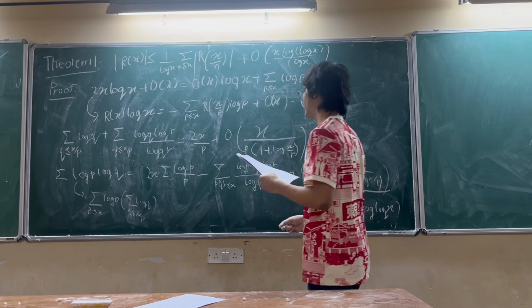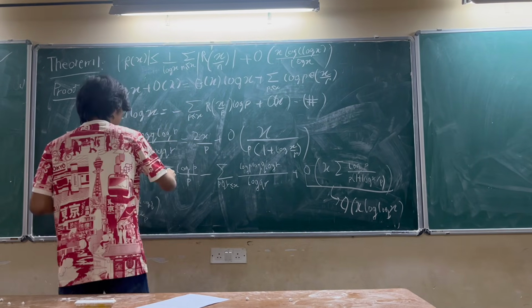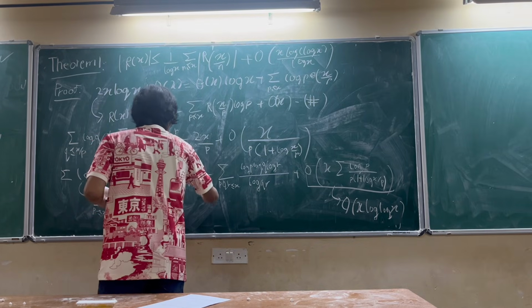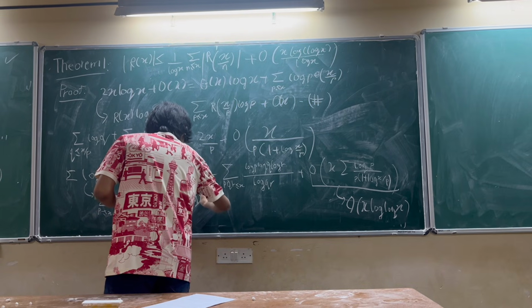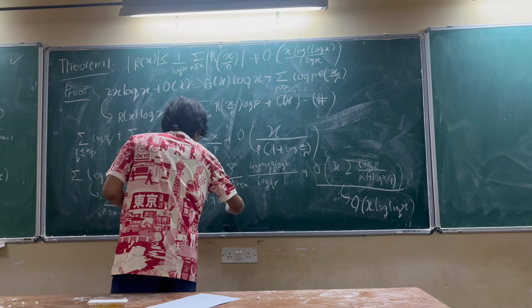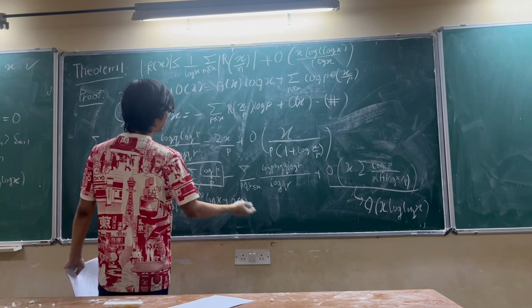So one term is taken care of. For these two terms, remember by Mertens' formula, this thing was log x plus something of the order of 1. So when you multiply it by 2x, you get 2x log x plus something of the order of x.